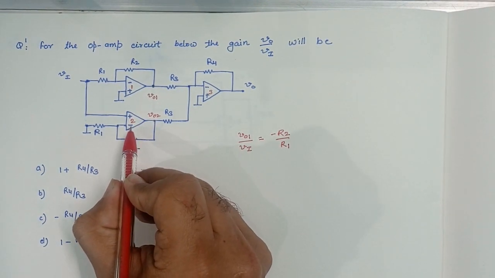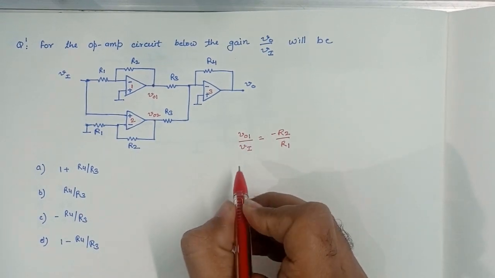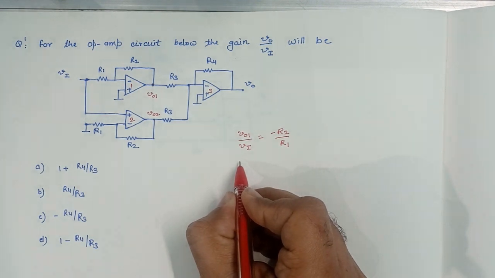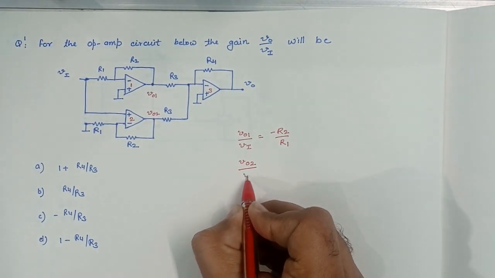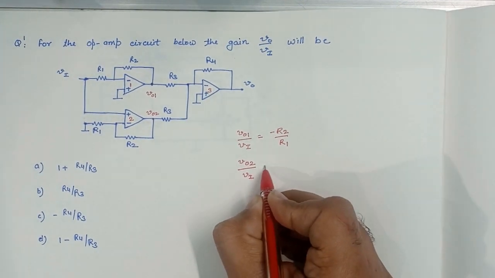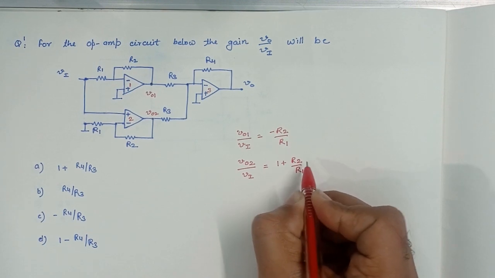Op-amp number two is in non-inverting feedback configuration. So the gain of op-amp two will be V02 by Vi equal to 1 plus R2 by R1.